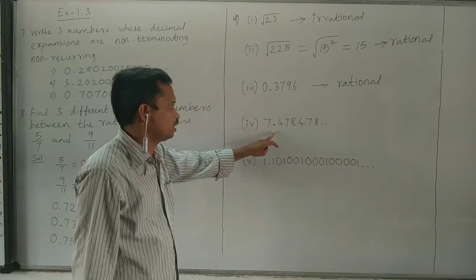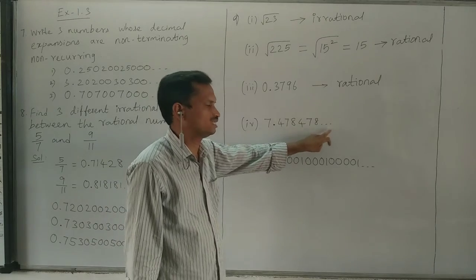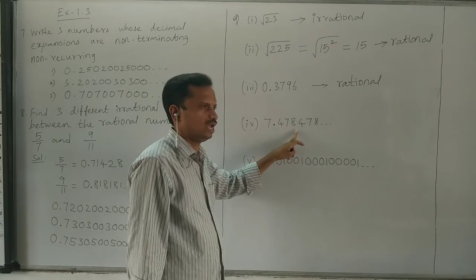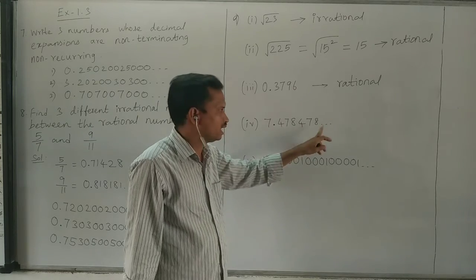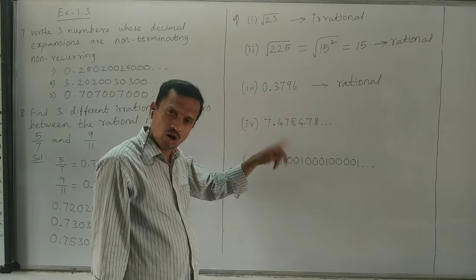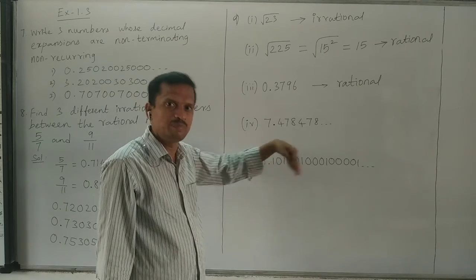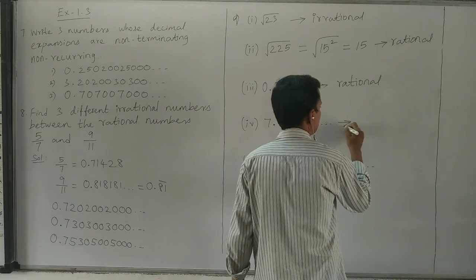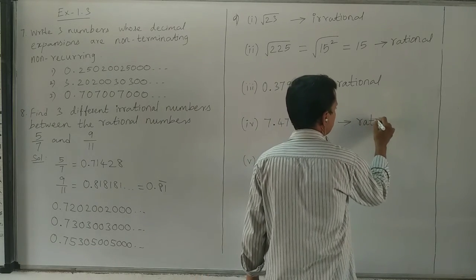And now coming to 7.478478, etc. The 3 digits in the repeating block, 4, 7, 8, and again 4, 7, 8, and so on. It is repeating in such a way. So non-terminating, repeating. Such decimal expansions are rational.